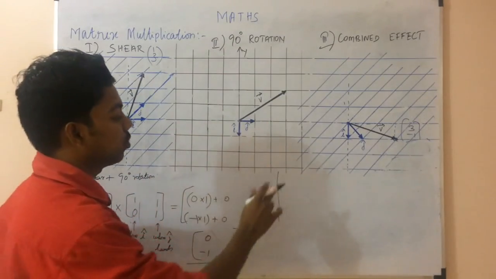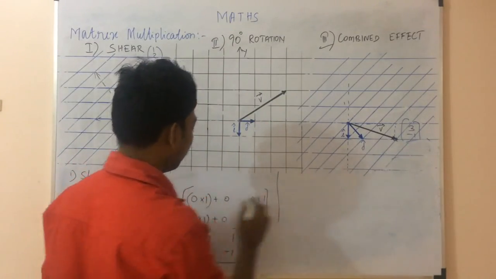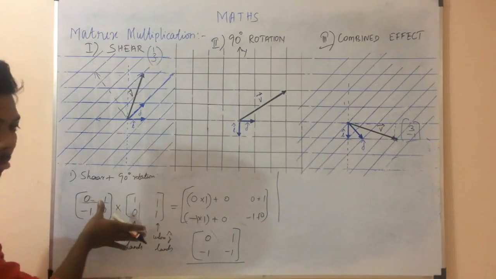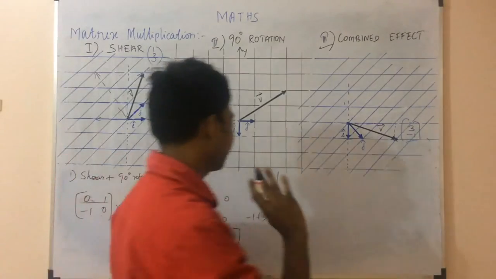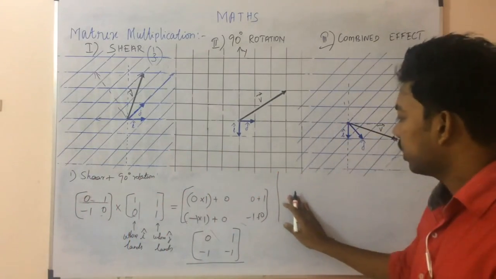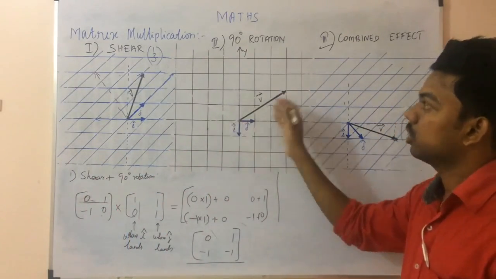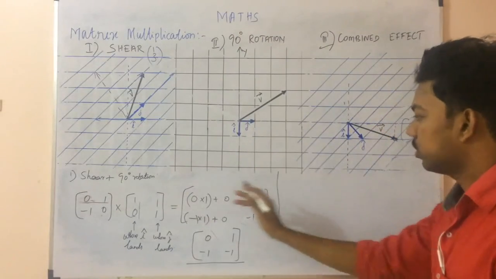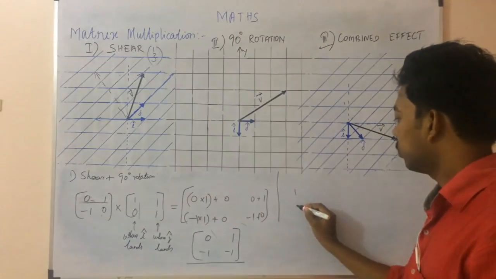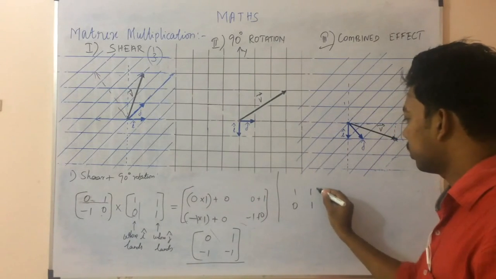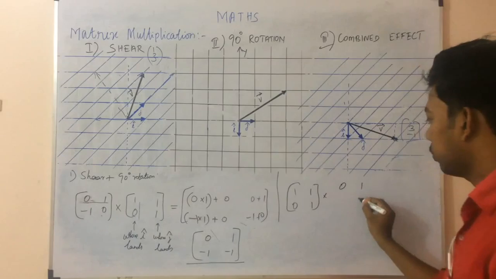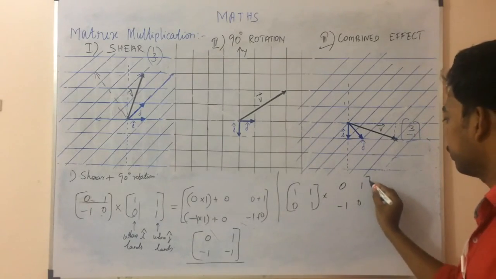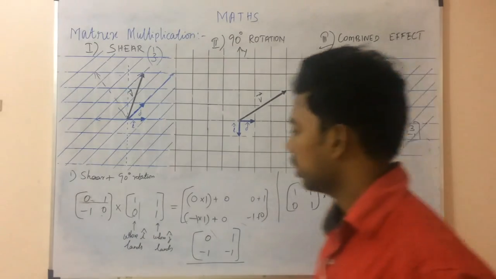So first you are done with what? It is the reverse way. So you have to multiply in the reverse direction, and you will get the combined effect: first 90-degree rotation and then shearing. So in the reverse way you have to do 1, 0, 1, 1 into 0, 1, minus 1, 0.